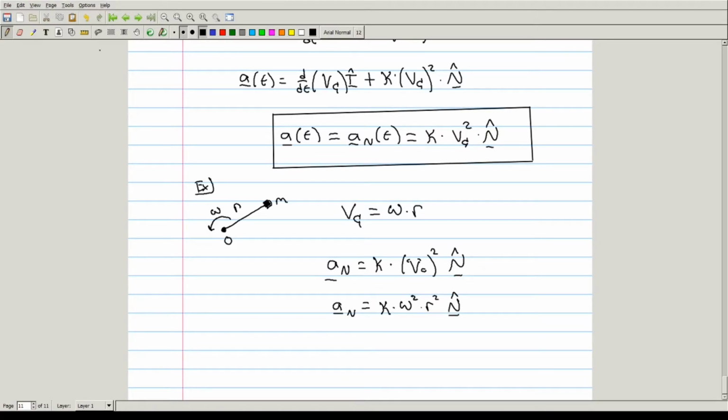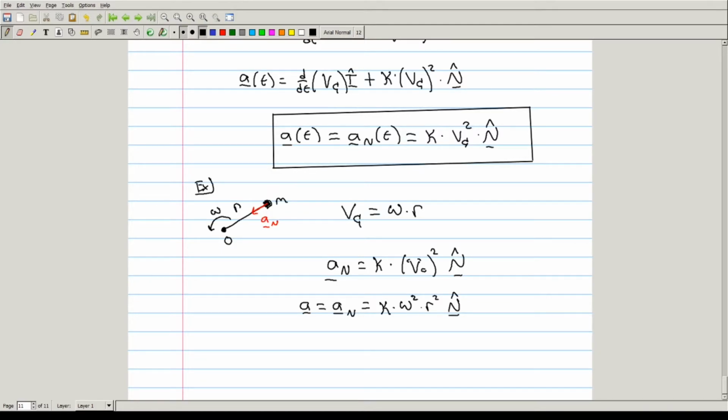And there will always be a positive acceleration that points in this direction. But the tangential acceleration is 0, so the total acceleration here is just equal to this centripetal acceleration.